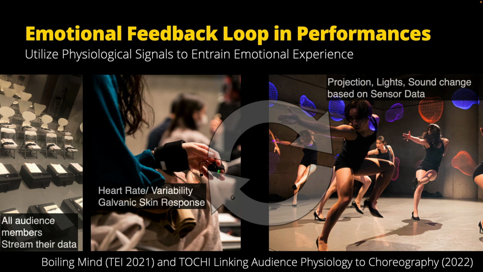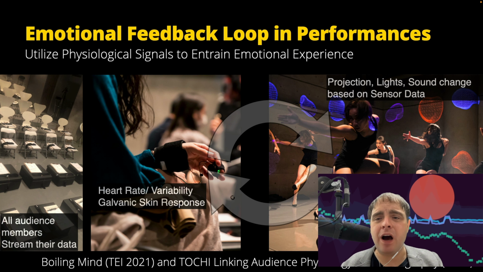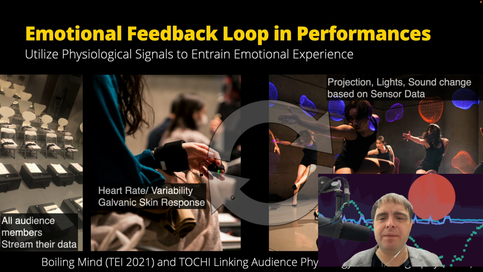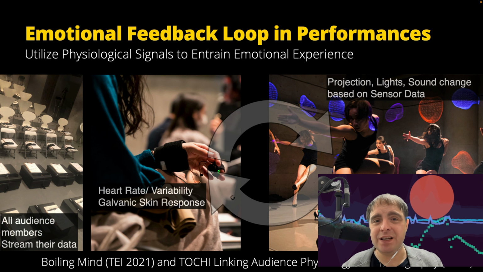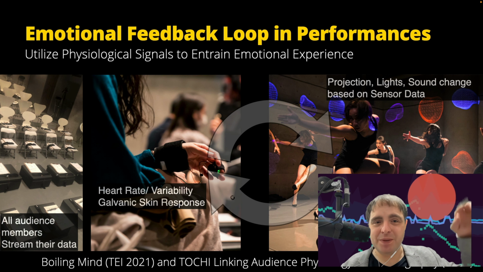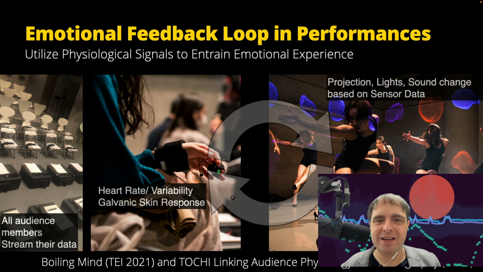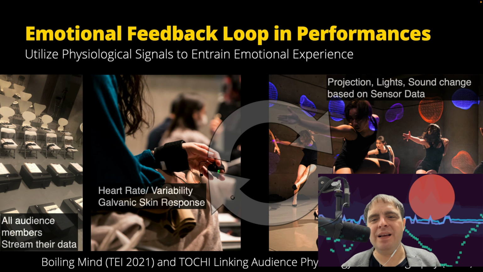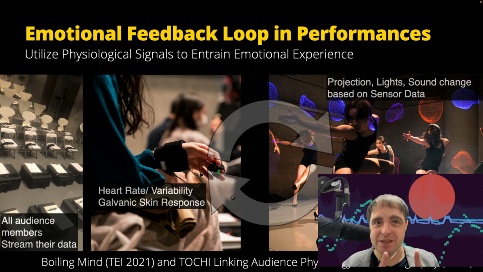What we tried to create with this system was we really wanted to use the data of all of the audience members and then stream this data, so heart rate and heart rate variability. Heart rate variability is what happens between the peaks. So you have the heart muscle moving, and the distance between the peaks, that's the variability.